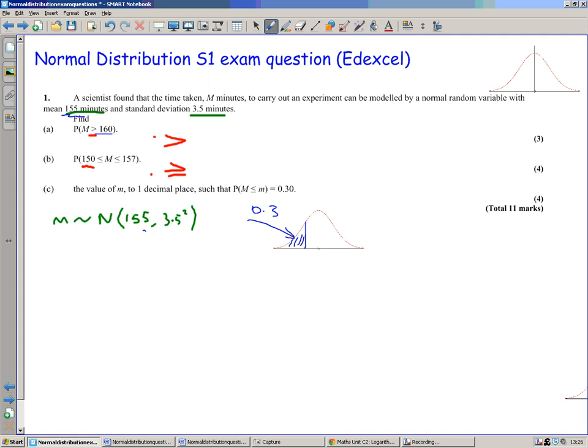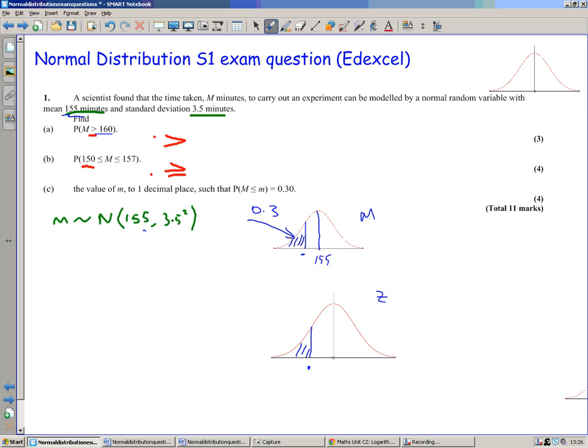Let's say this is the M distribution, the values of m, and this is our z. In terms of its position, it's in exactly the same place, it's just the number here will be different. The number in the middle for our m, the mean, is 155.